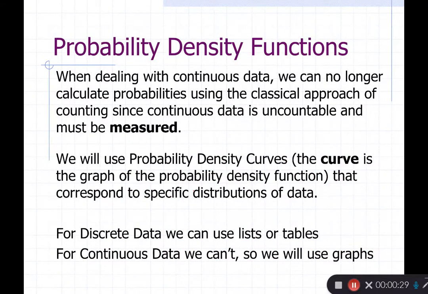Now, it's a big difference between the topic we just previously covered, which was the discrete probability distribution, and the continuous distribution. Remember, at the very beginning of a statistics course, one of the classifications of data you would normally cover is discrete data versus continuous data.